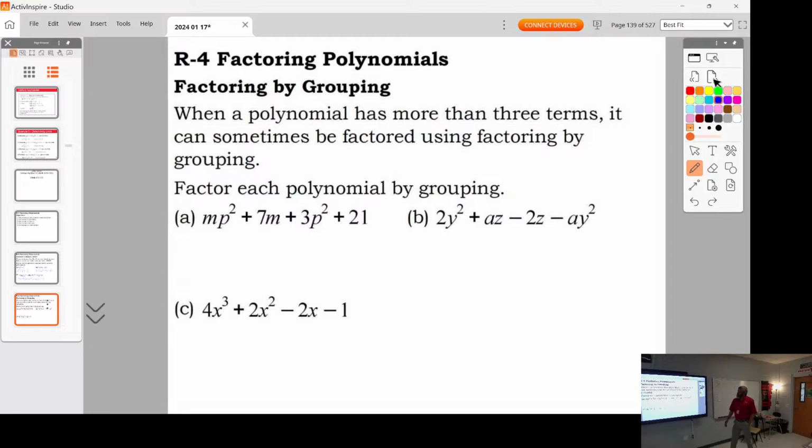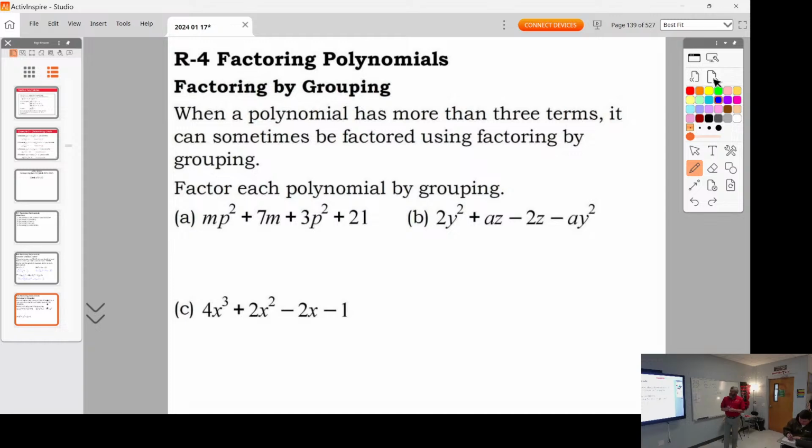When a polynomial has more than 3 terms, it can sometimes be factored by using grouping. Remember, we're just going to make groups of these things. Okay? So the first problem, mp squared plus 7m plus 3p squared plus 21.